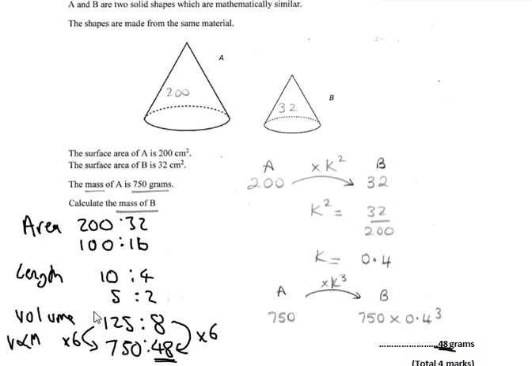Now to get the volume ratio, we have to cube these. 5 cubed is 125, 2 cubed is 8. Now volume is proportional to mass. Now if the mass of A is 750, that's 6 times that. I need to do 6 times that to get the mass of shape B. So 8 times 6 is 48. We also got the same answer that way.